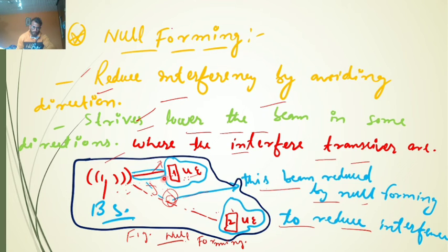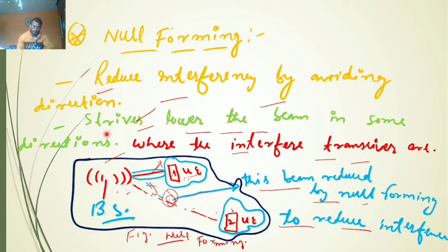So here the power is focused only on user 1, and at this point there is no beam. This beam is reduced by null forming to reduce the interference. In beamforming, we reduce the interference by avoiding directions.